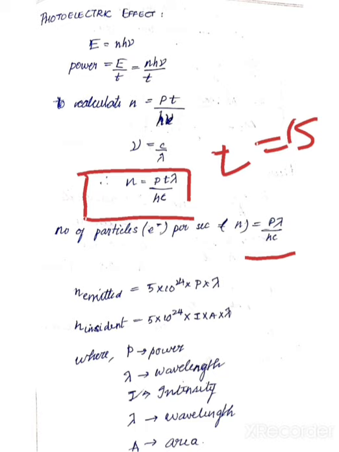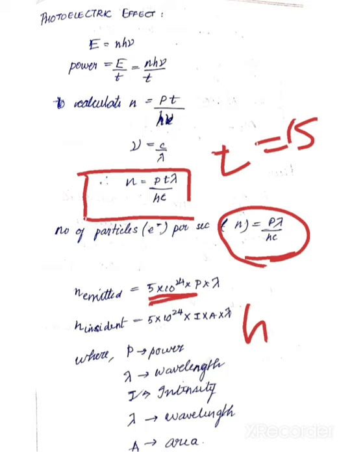Here h is Planck's constant, whose value is already known, and c, the speed of light, is also known. Substituting the values of h and c and reciprocating it, we get the answer to be around 5 into 10 power 24.